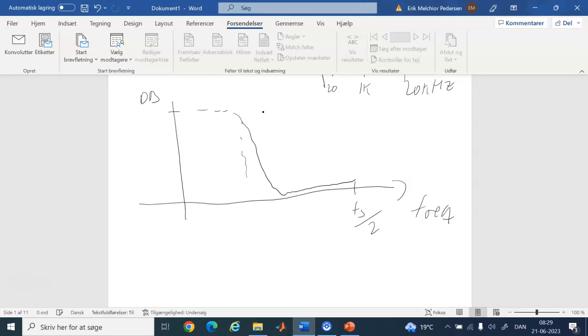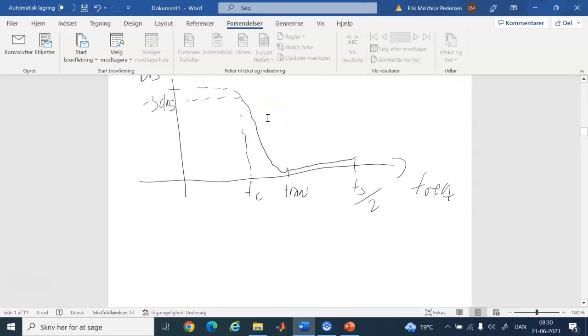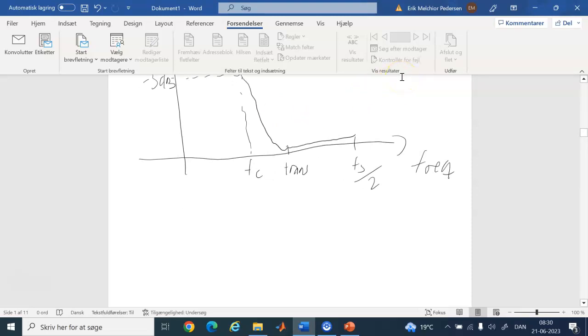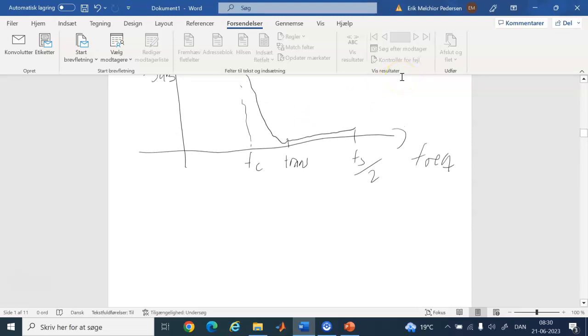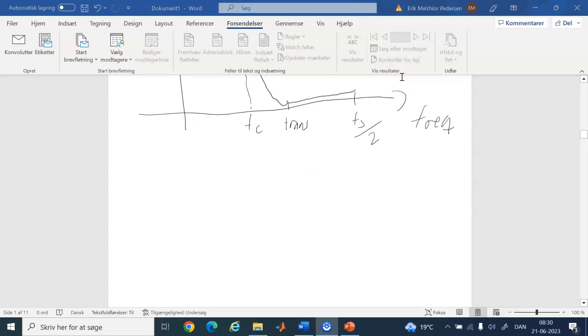This should be the cutoff frequency at -3 dB, and then we have a transition region and then a stop band. All of those things should be less than half of the sampling rate.